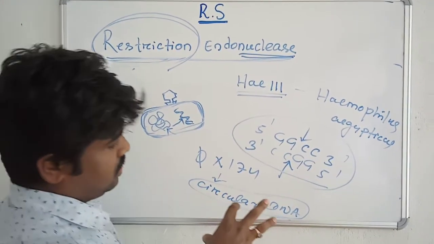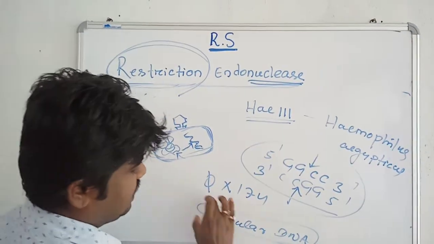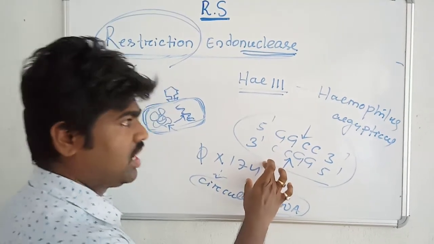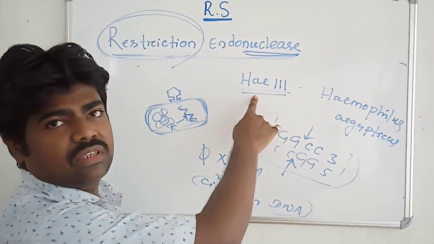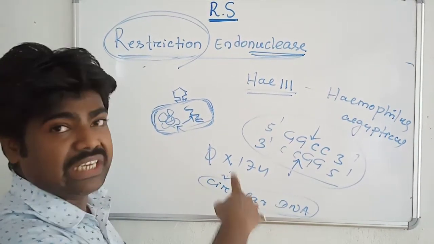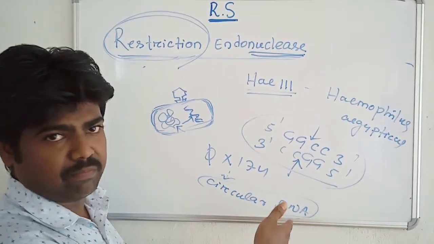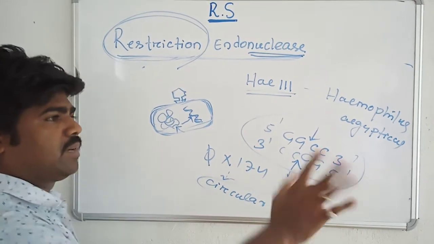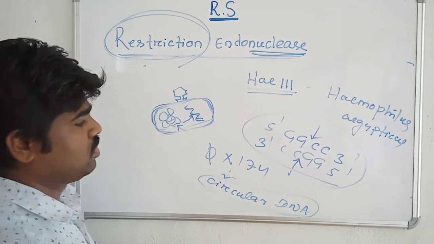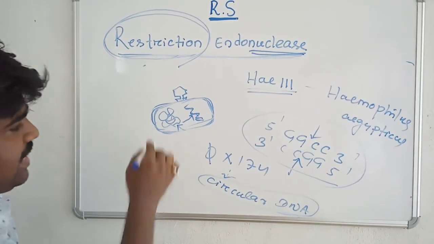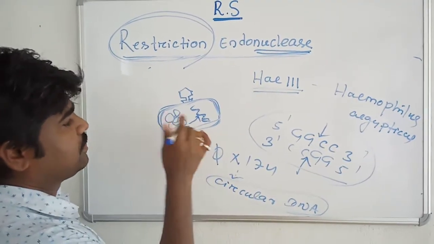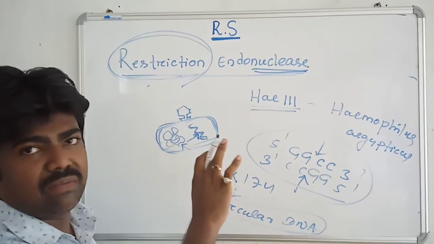So when this circular DNA of phiX174 is treated with this enzyme, it chops the viral DNA at 11 places, making 12 fragments. And those fragments can be separated and their sequence can also be determined, right? So in this way, the restriction enzymes of the bacterial cell cut the foreign genetic element.